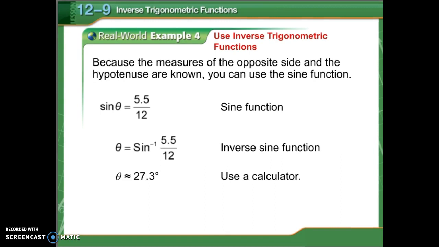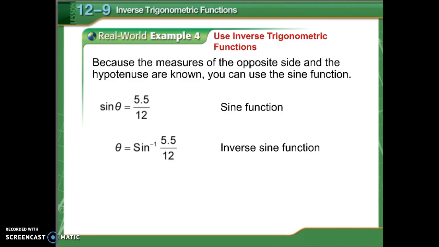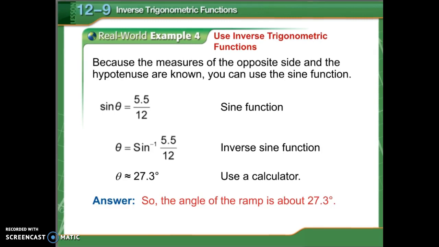When you type that in your calculator, you will get 27.3 degrees. Therefore, the angle of the ramp is about 27.3 degrees.